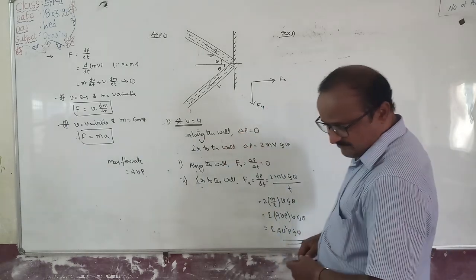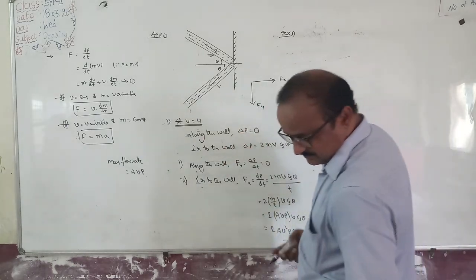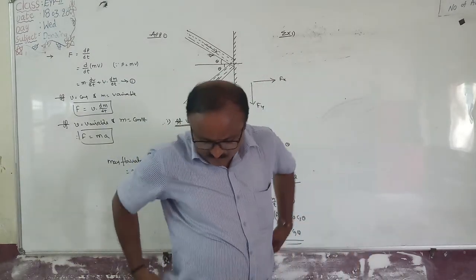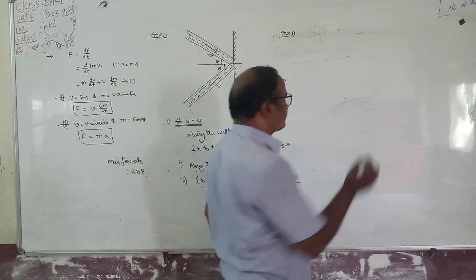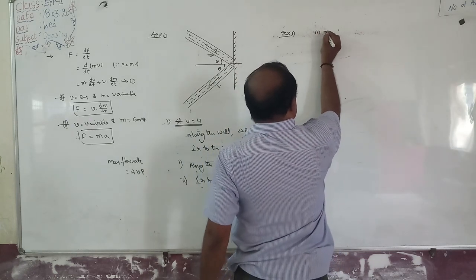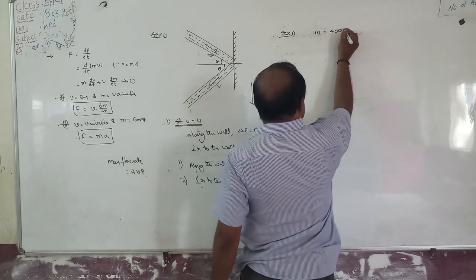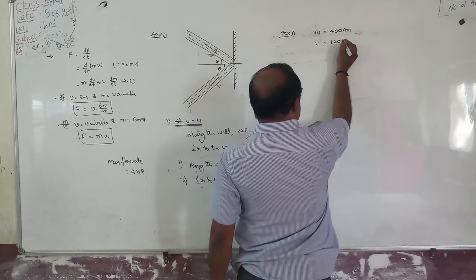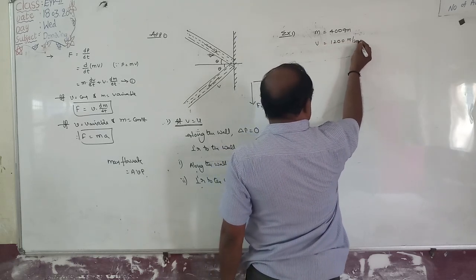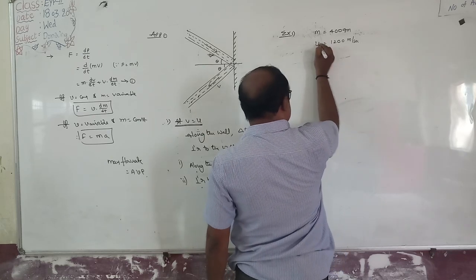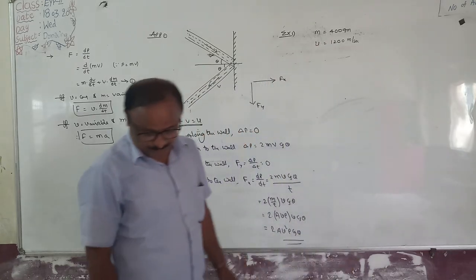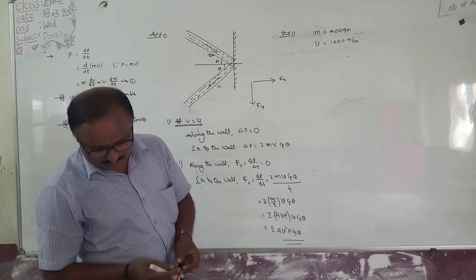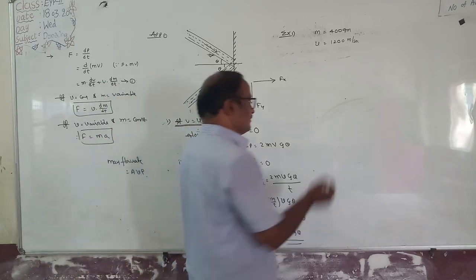Here there is one problem. Suppose a machine gun fires a bullet of mass 400 grams, with an initial velocity v equal to 1200 meter per second, and exerts a maximum force of 144 newtons on the gun.